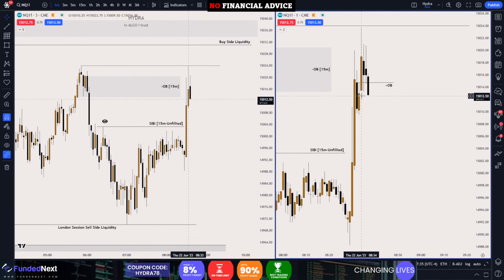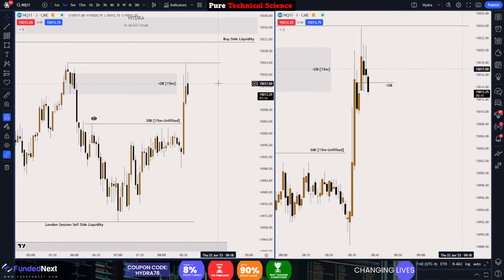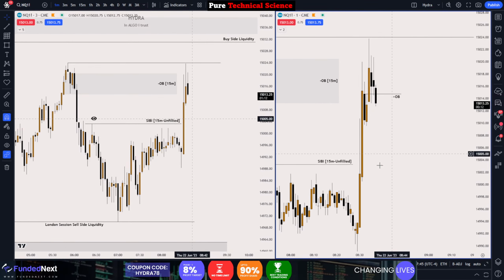This order block mean threshold, if it's broken, then it's a reclaimed order block. We still have our relative equal highs intact here. So the mean threshold of this order block is going to be somewhere here.